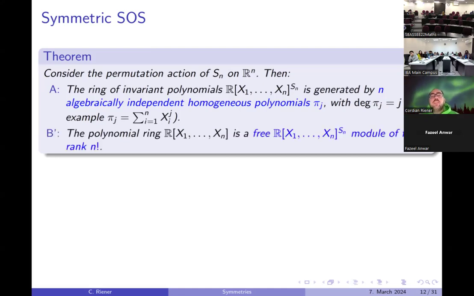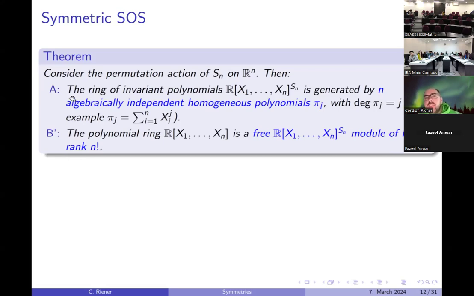Another thing that we have already mentioned earlier is that we have a property similar to property B of previously, namely that the polynomial ring is a free module over the ring generated by the homogeneous fundamental invariants pi 1 to pi n. This we have seen in the second lecture.